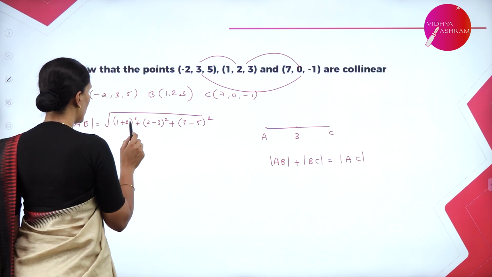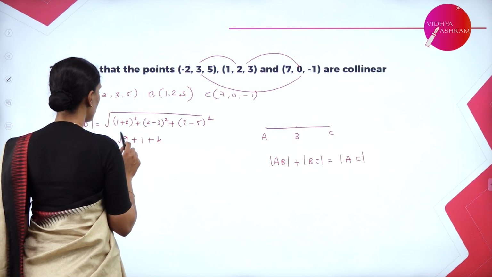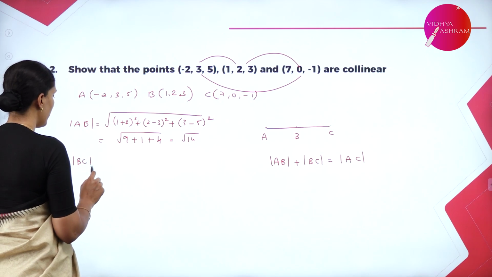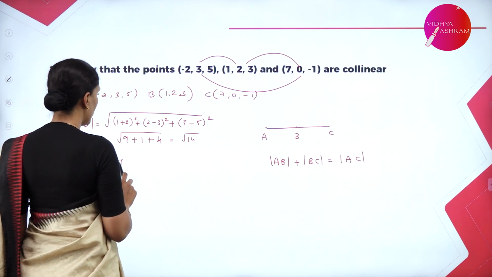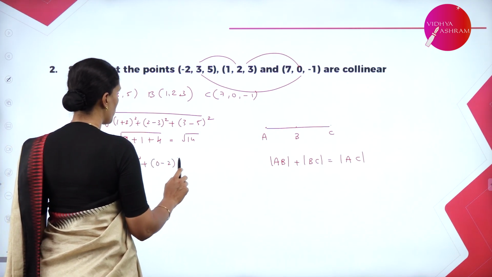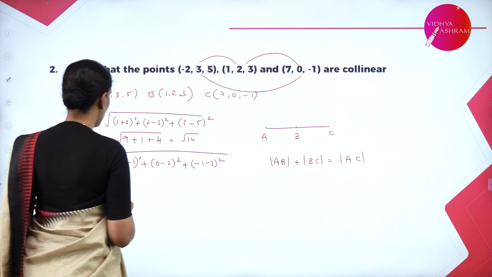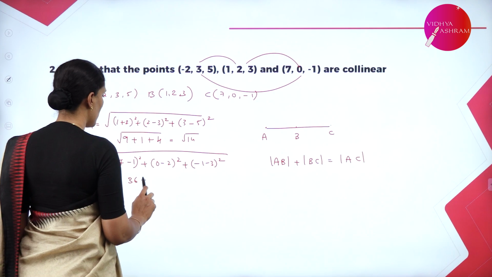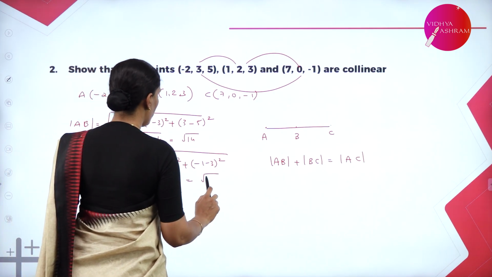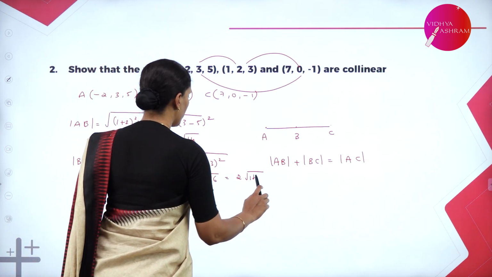Which is equal to 3 square 9 plus 1 plus 4, which is root 14. Next we'll calculate the distance BC. Distance BC is the square root of (7 minus 1) whole square plus (0 minus 2) whole square plus (-1 minus 3) whole square. So 6 square 36 plus 4 plus 16, which is root 56. Which can be written as 2 root 14.